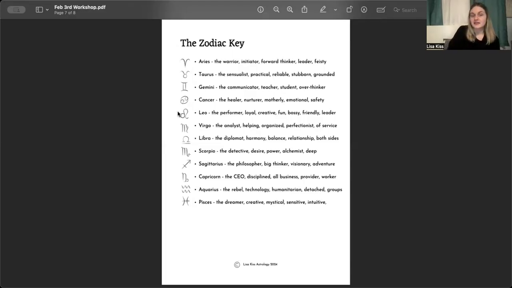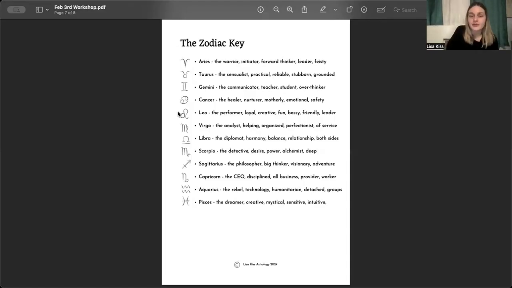Scorpio, we have detective, desire, power, alchemist, deep dive, intimacy, like psychology with Scorpio. What else? Not mystical, like metaphysical, tarot, that kind of stuff.